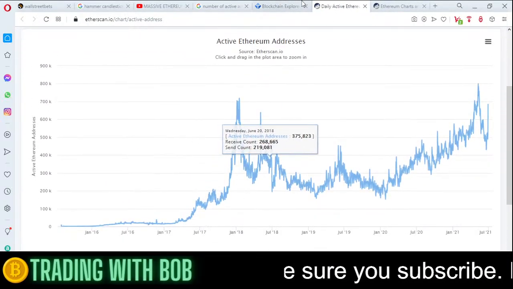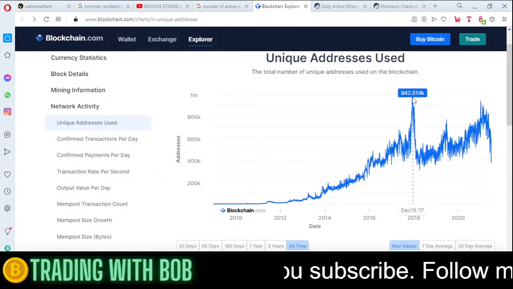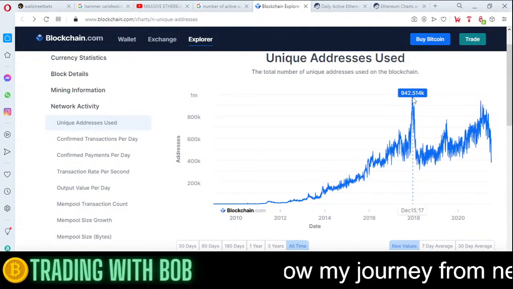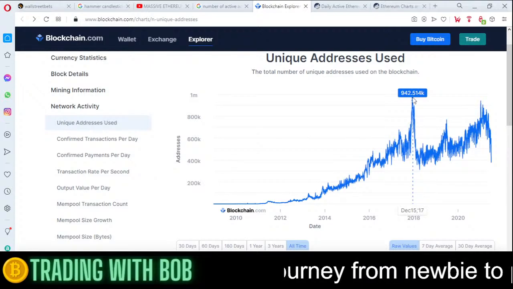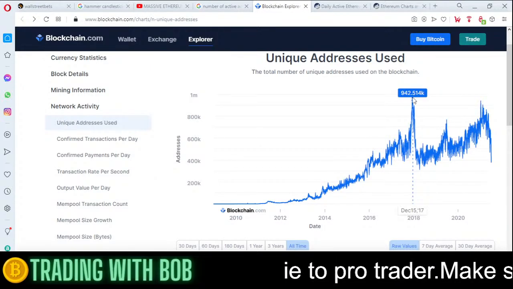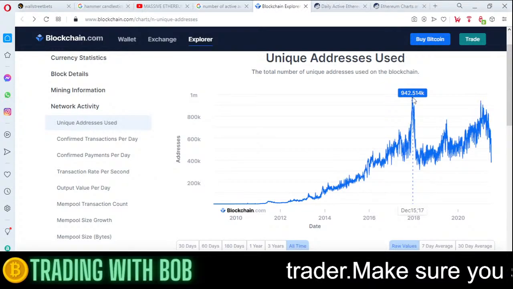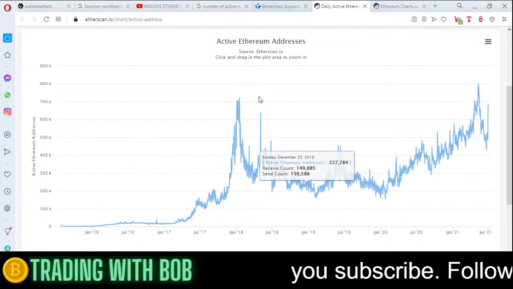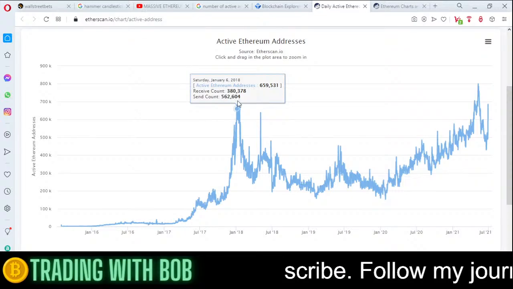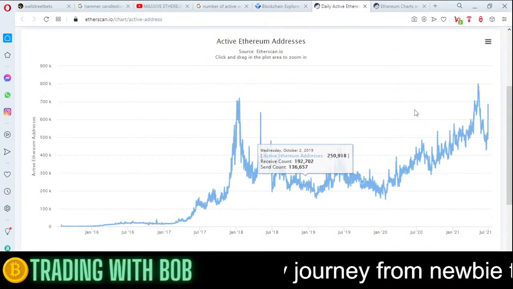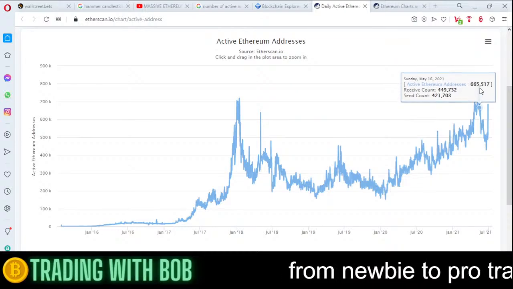Okay, so as you can see, the amount of addresses active is basically 1 million addresses active. So for Bitcoin here, okay, so here's only 80.